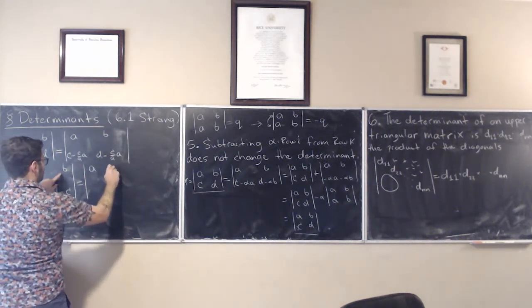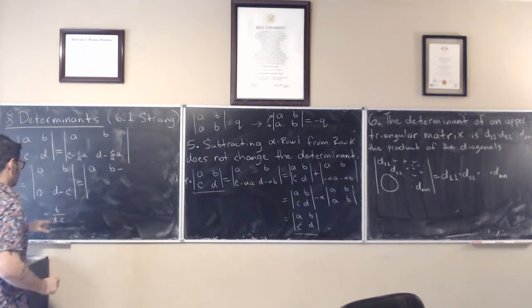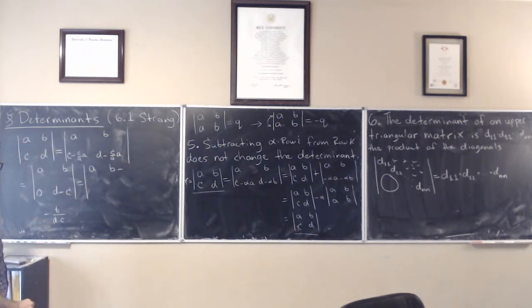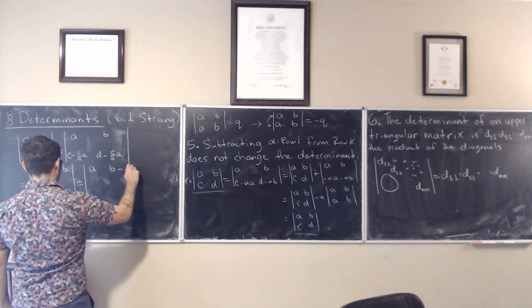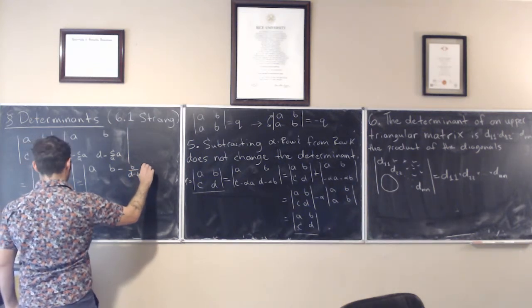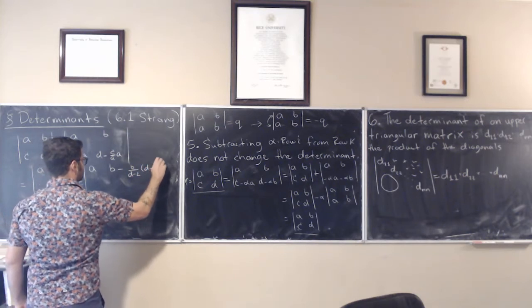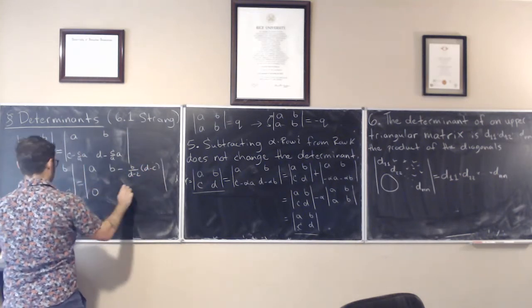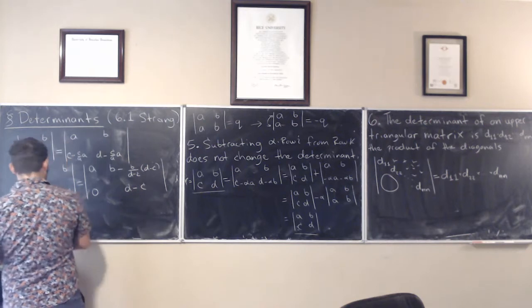And then we'll have b minus b over d minus c times d minus c, 0, d minus c.